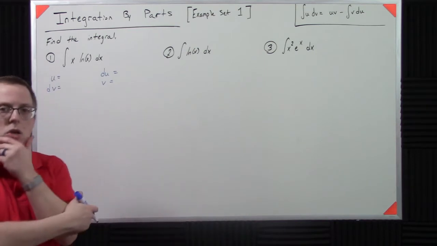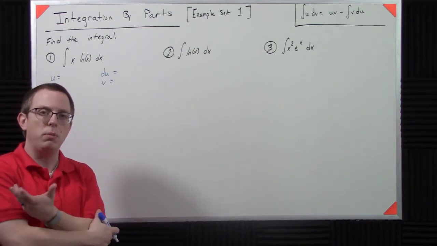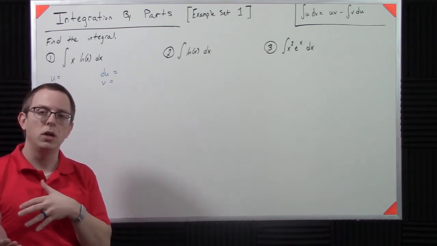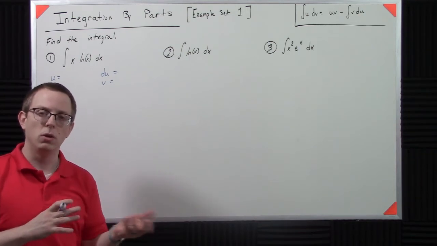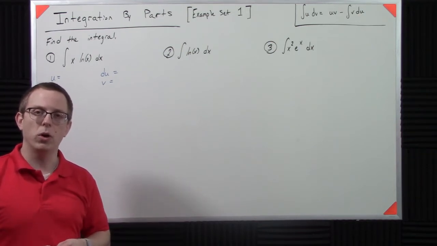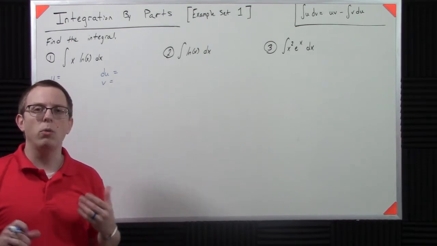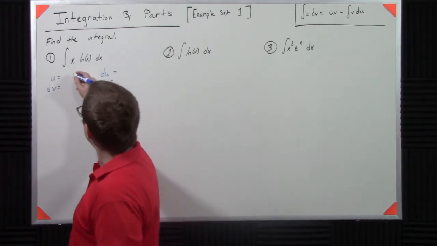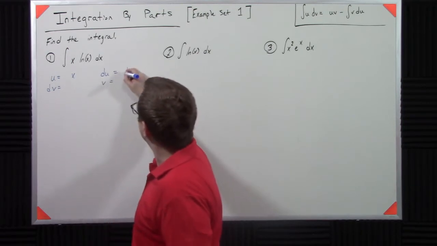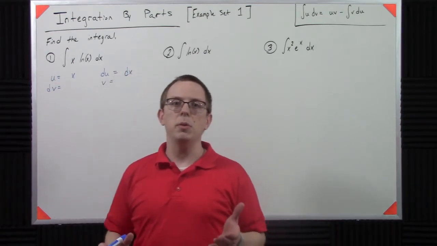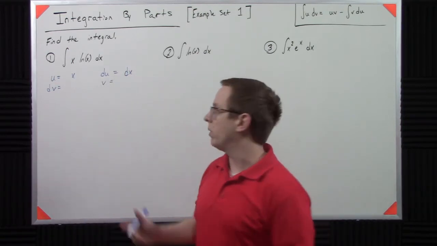So I'm going to say, all right, u. What we want to do typically is pick something that makes your life a little easier when you take its derivative or antiderivative. So I might say, okay, u is going to be x, because clearly du equals dx. It makes my life a lot simpler if I go that way.